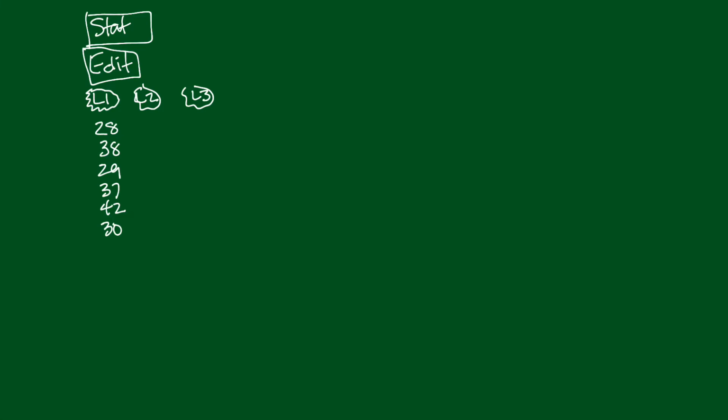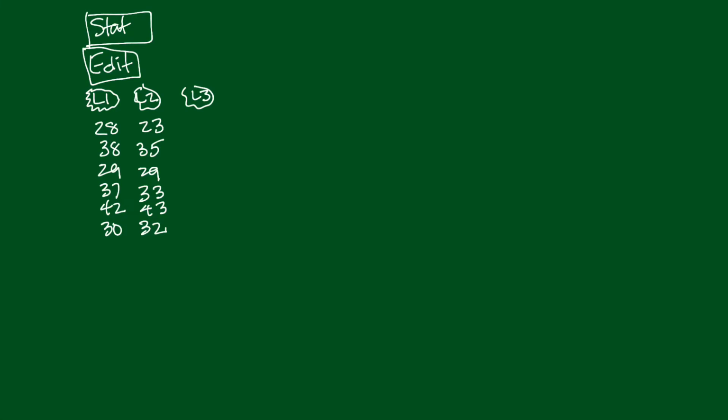You type in a number like 28, press enter. That takes you down to the next line. Then cursor over to L2 and put those numbers in: 23, 35, 29, 33, 43, and 32.